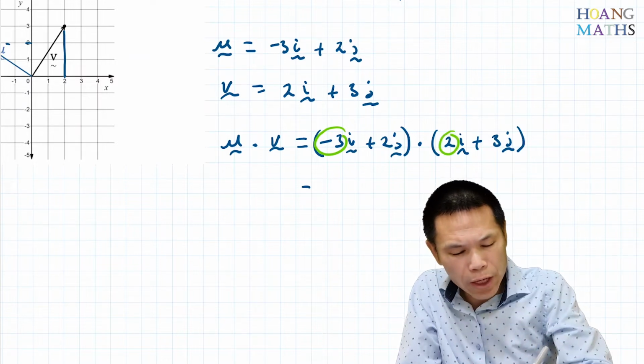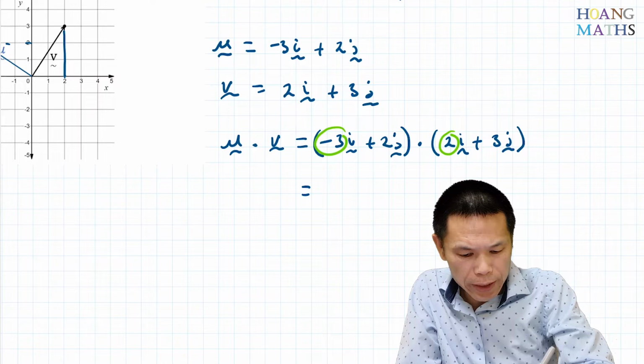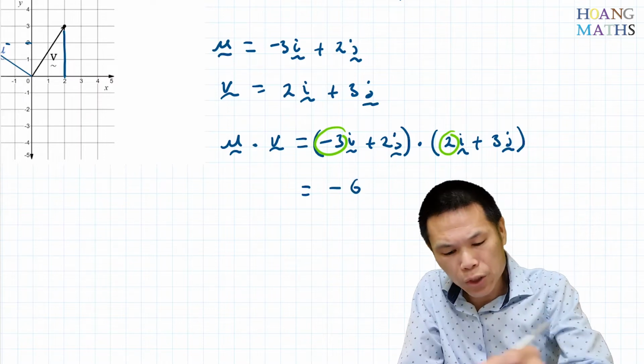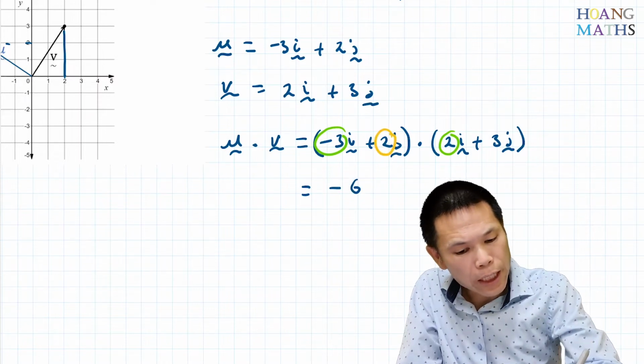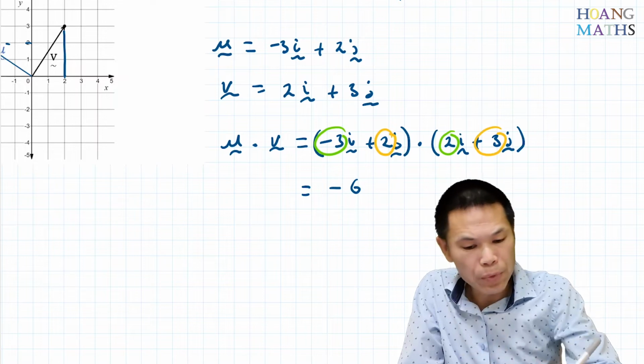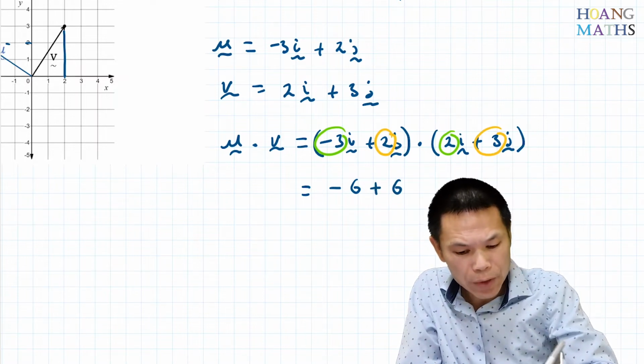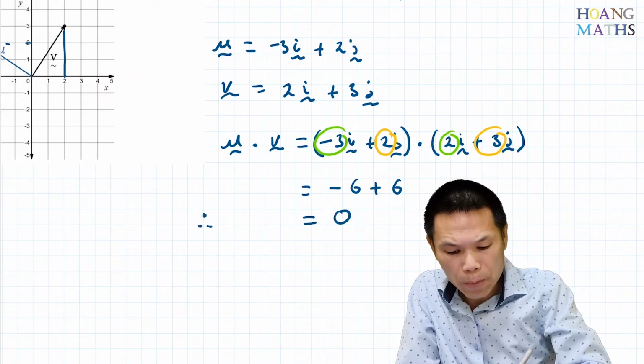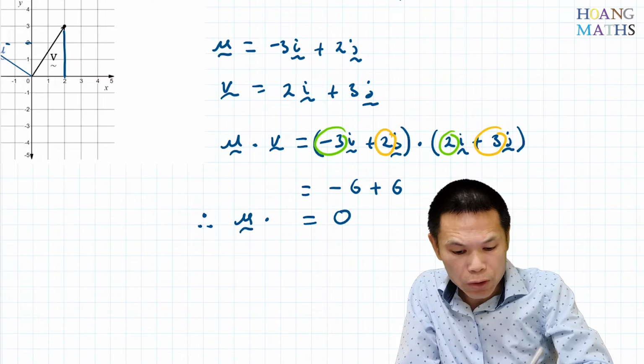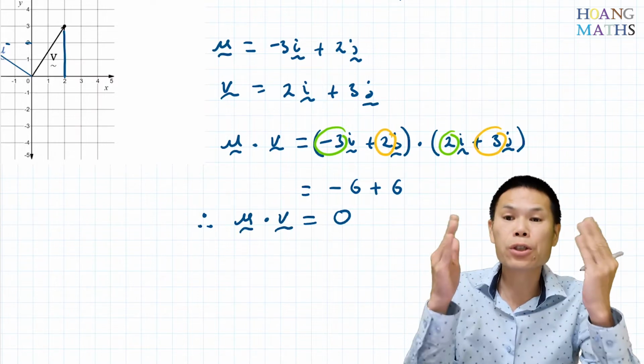So that is negative 3 times 2, which is negative 6. And then we multiply the j components together and we add them up. So 2 times 3 is 6. So we add together, and that is equal to 0. So therefore, u dot v is equal to 0.